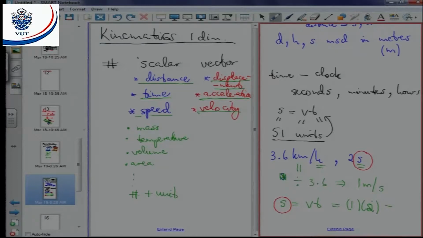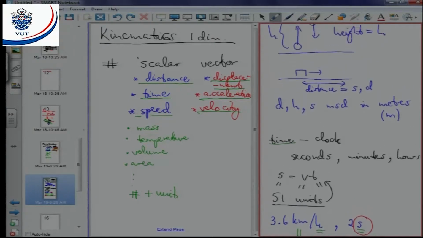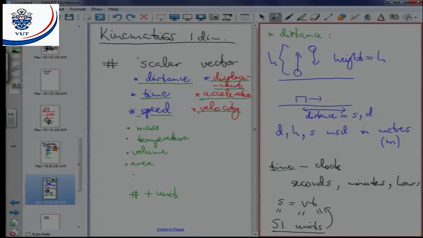So the car just covers 2 meters in 2 seconds. And that's the distance that it covers. So be very careful with the units.